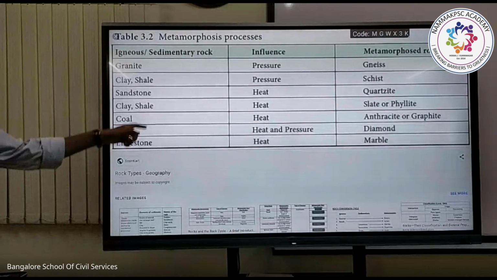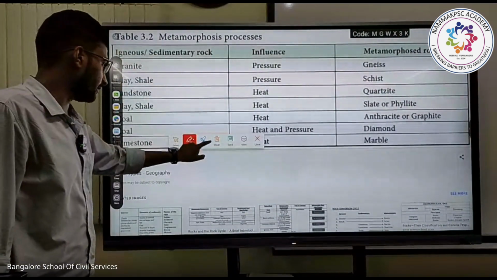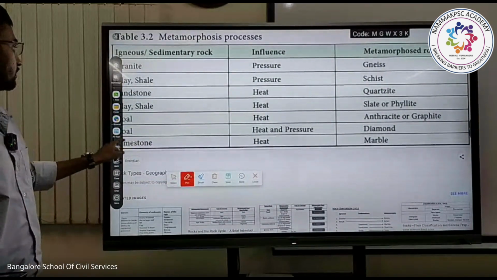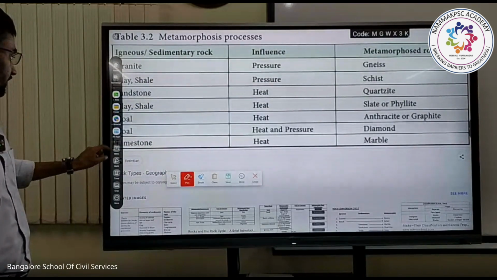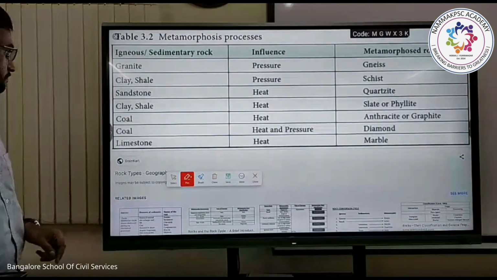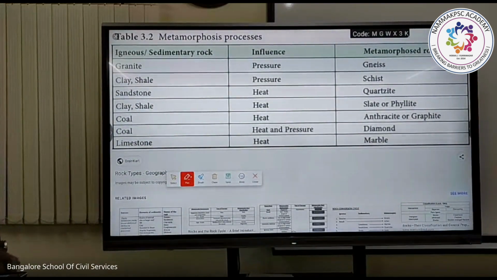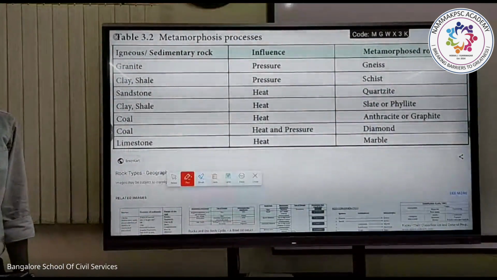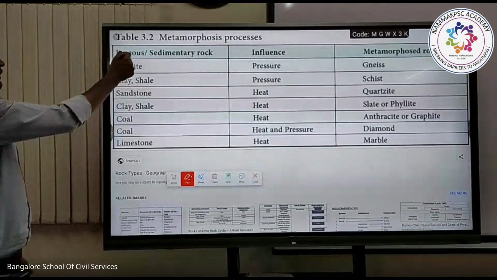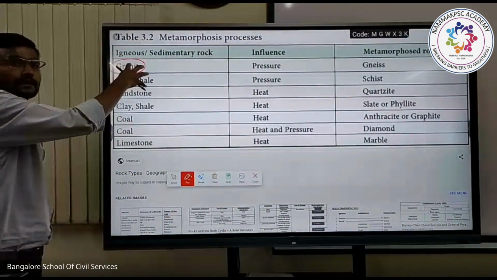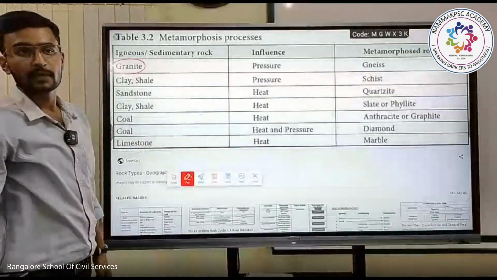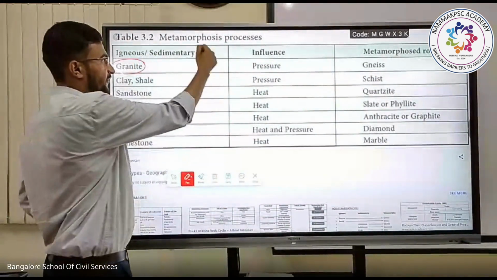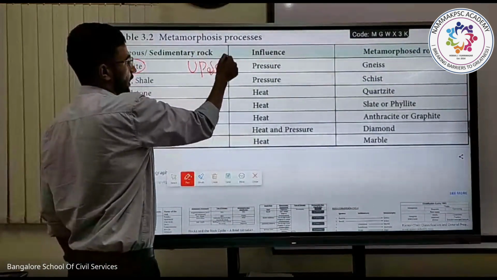See this, our normal igneous or sedimentary rock is converted into a metamorphic rock. Examples: granite is converted into gneiss. This chart is already a UPSC and exam favorite.